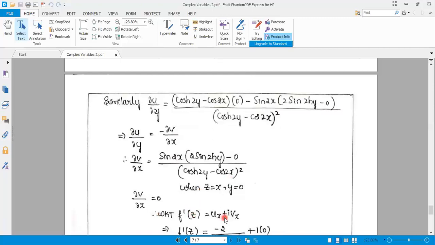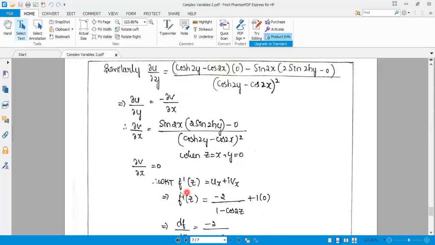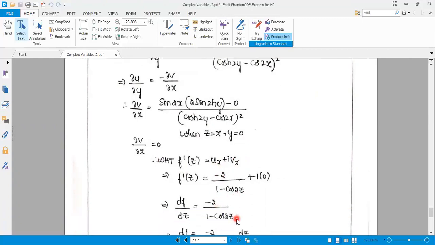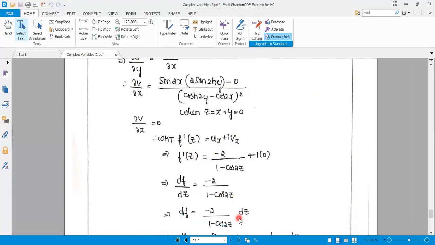So the entire term becomes 0. Now we have the result f dash z equals u x plus i v x, where the imaginary part becomes 0. So substitute only the real part: minus 2 divided by 1 minus cos 2z. So when you integrate this, you get the required result.